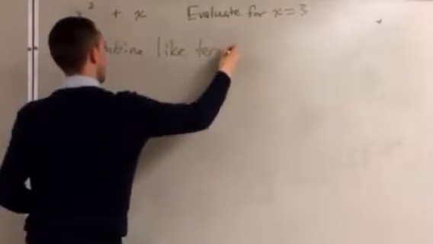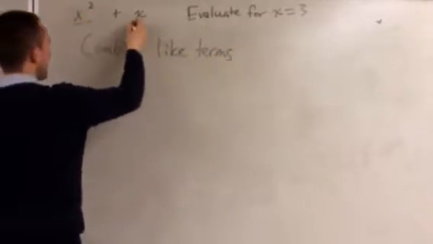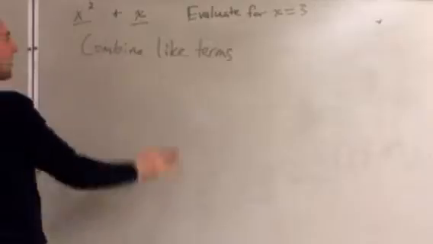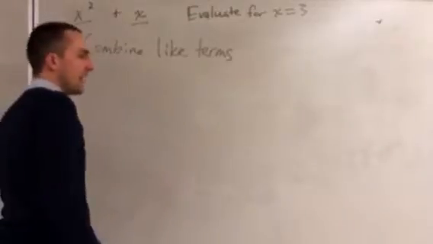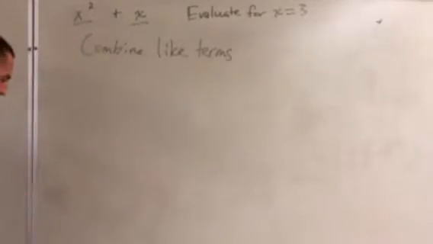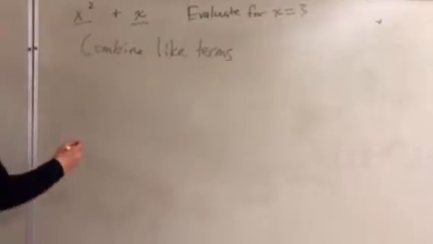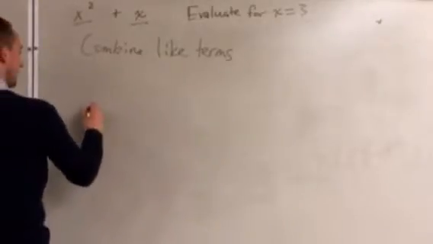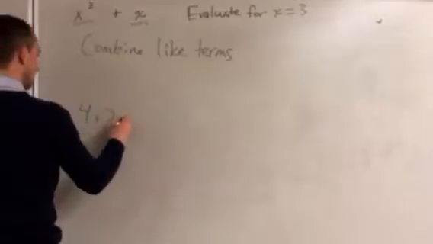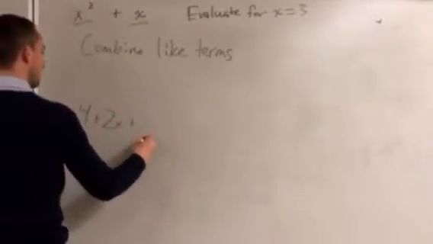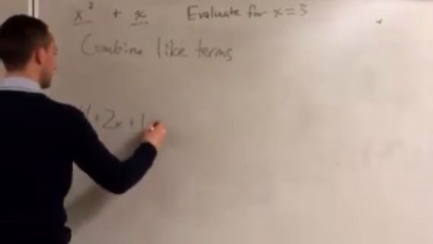Now this is a term, this is a term. We're going to create something longer and simplify it and combine those like terms. Here we go. Let's suppose that what we have is 4 plus 2x plus 1x squared.